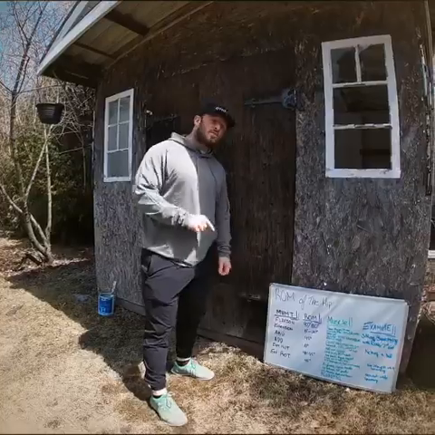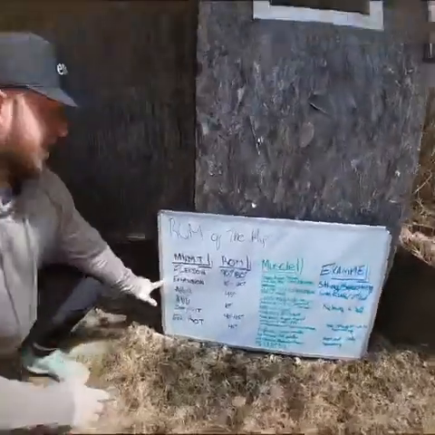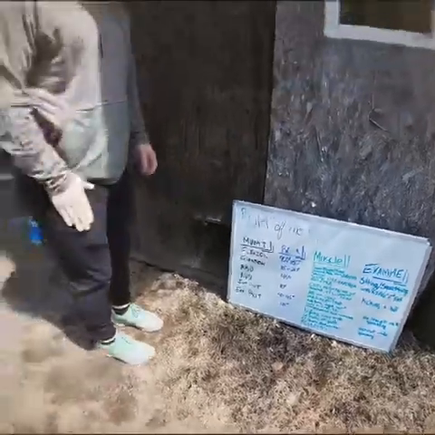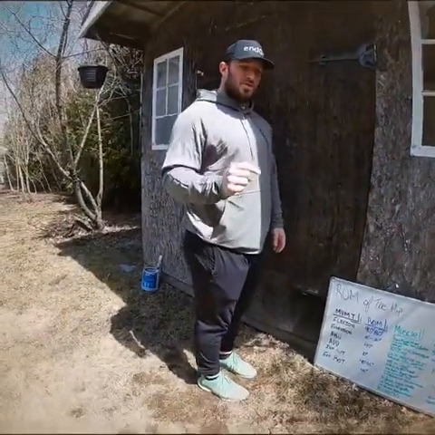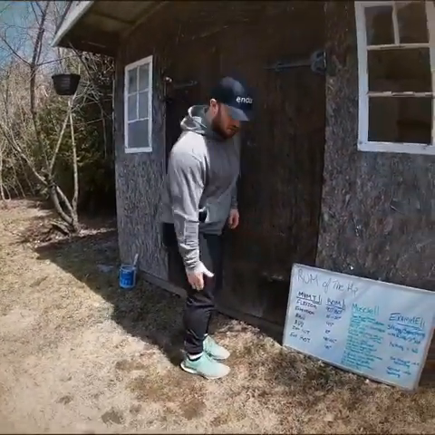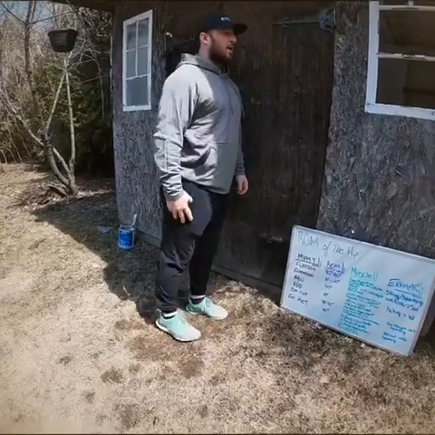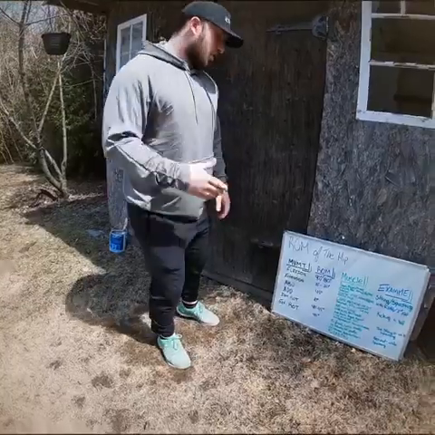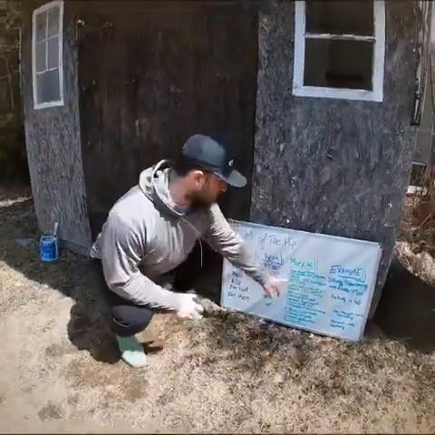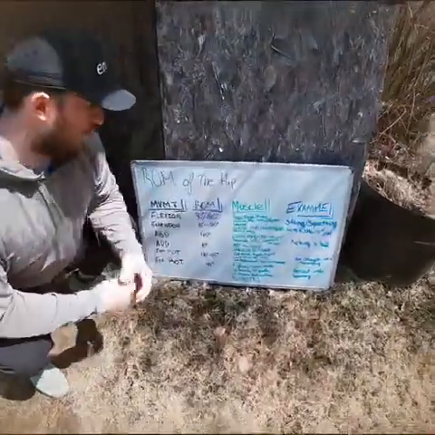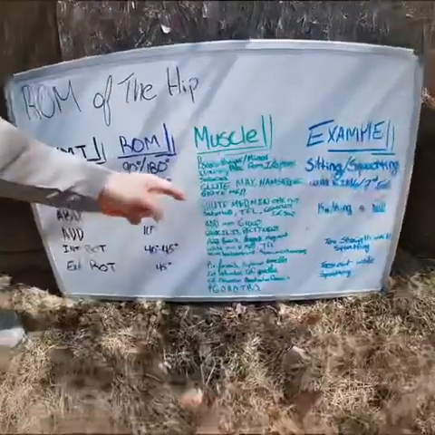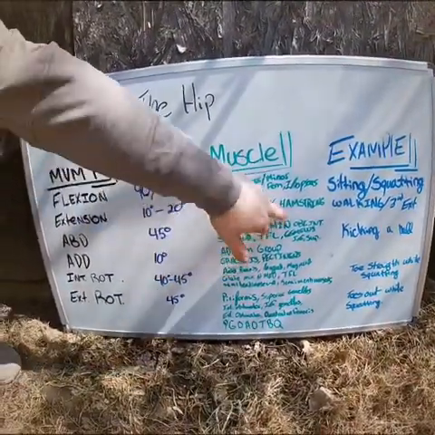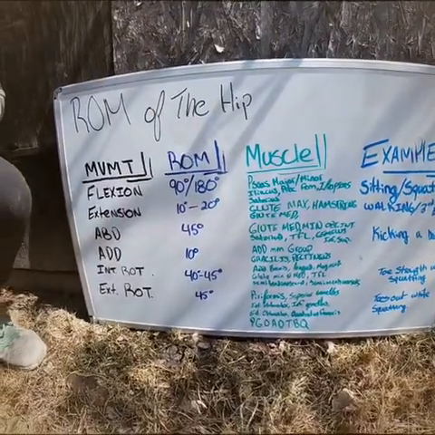Okay, the next one we're going to talk about is extension of the hip. We got 10-20 degrees, and remember, a small cue to understand it is when the femur bone of our thigh is behind us. That means the muscles performing that action are the glute max, glute med is associated with that, and we got the hamstring muscle group also.